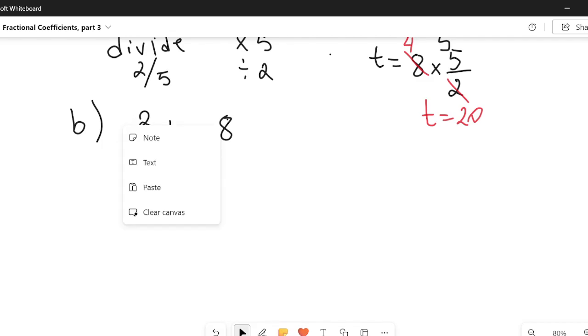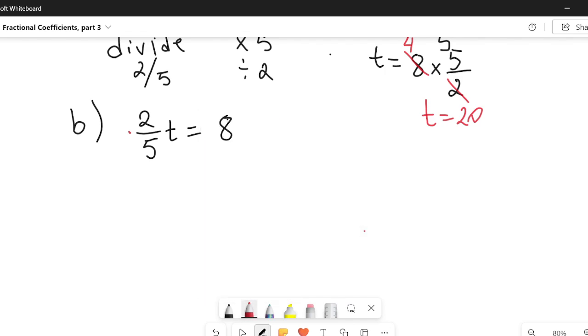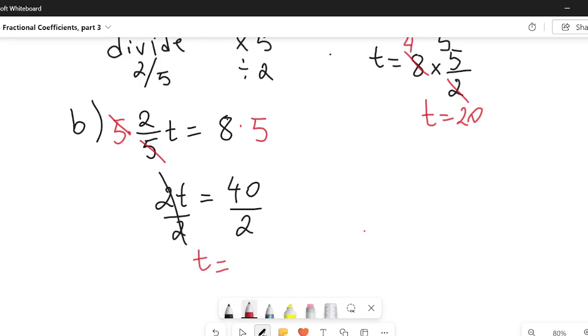So we can multiply both sides of the equation by 5, and we're going to have 2t equals 40. And then divide both sides of the equation by 2, t equals 20.